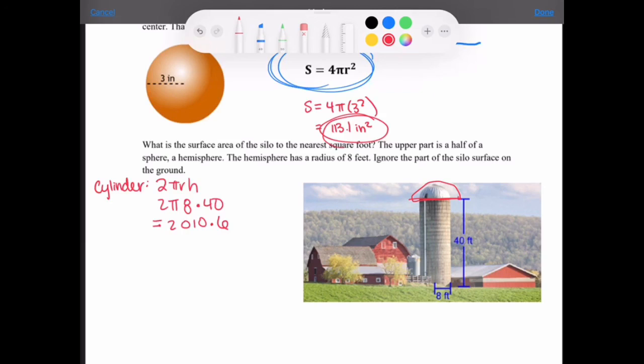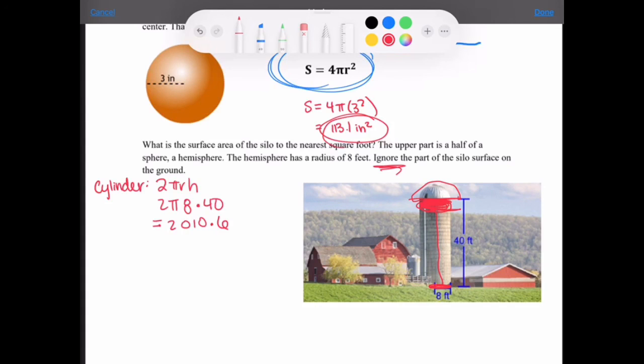Okay, so remember we didn't have to add the 2 base surface areas that are usually here, that make the top and bottom of a cylinder. We only had to find the part that wraps around here. Okay, so that's why we didn't use this whole formula, because there is no top. The top is a hemisphere, and the bottom we were told to ignore, right? So that's all we have to do.